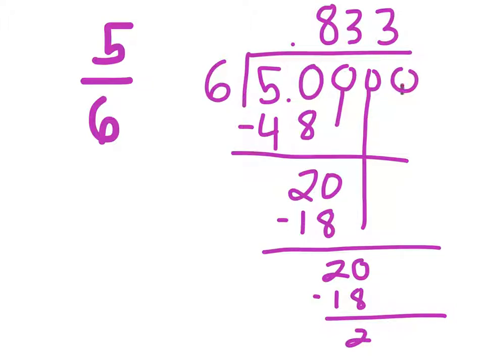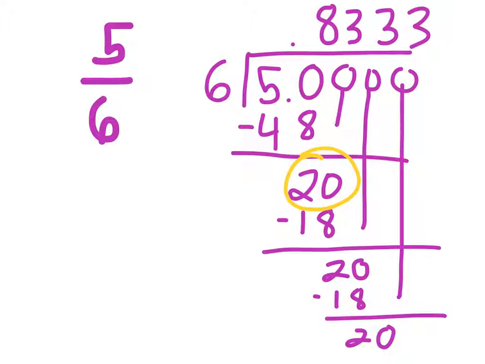Do you notice a pattern here? If you hadn't noticed it yet, you should see it by now. If you start adding zeros, you can see that we've had 20 here, 20 here, 20 here, and it's going to keep on going.